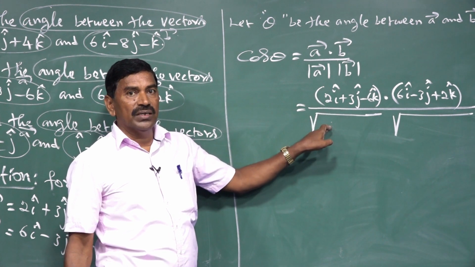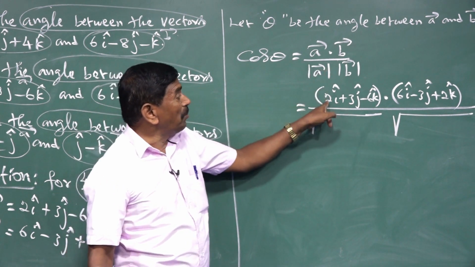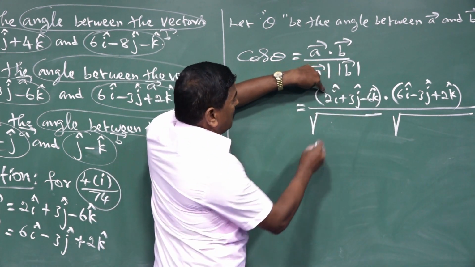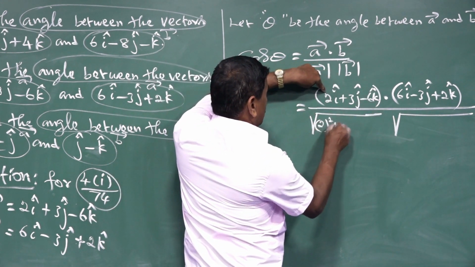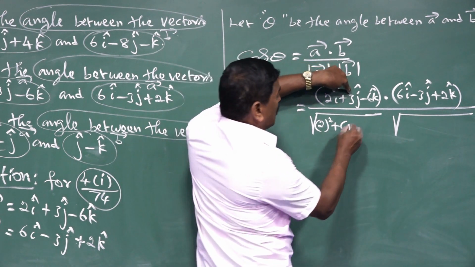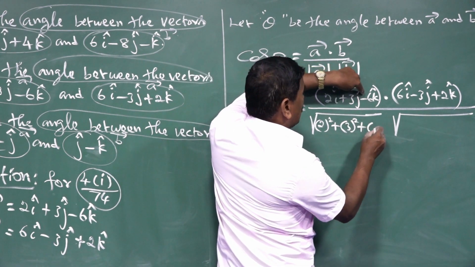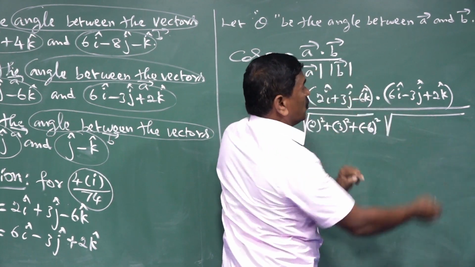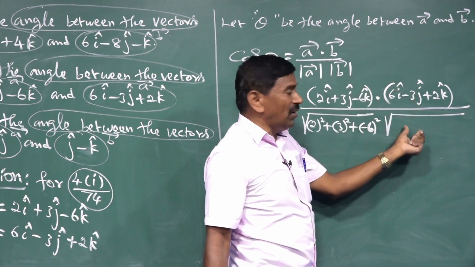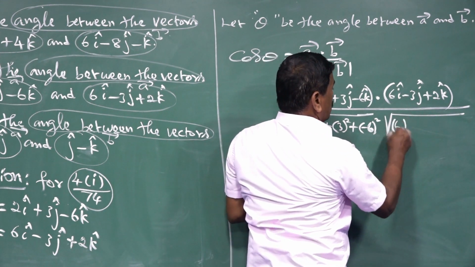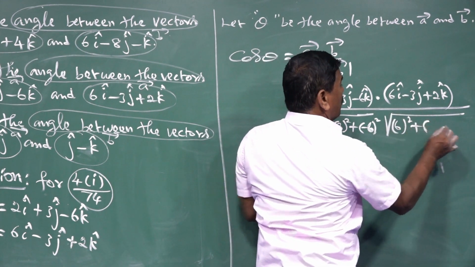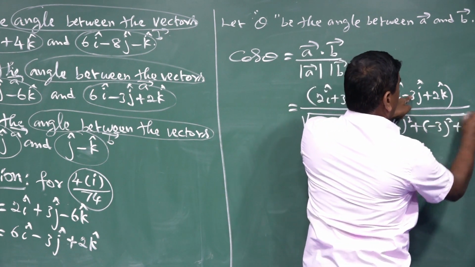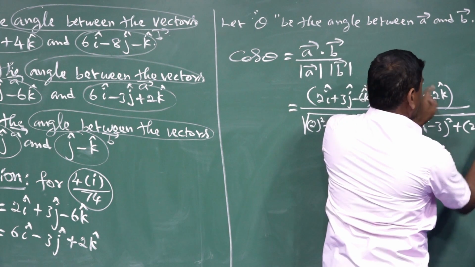Modulus A vector equals the square root of the sum of the squares of the i, j, k coefficients. Here the i coefficient is 2, so 2 the whole square plus 3 the whole square plus minus 6 the whole square. Modulus B vector equals 6 the whole square plus minus 3 the whole square plus 2 the whole square.